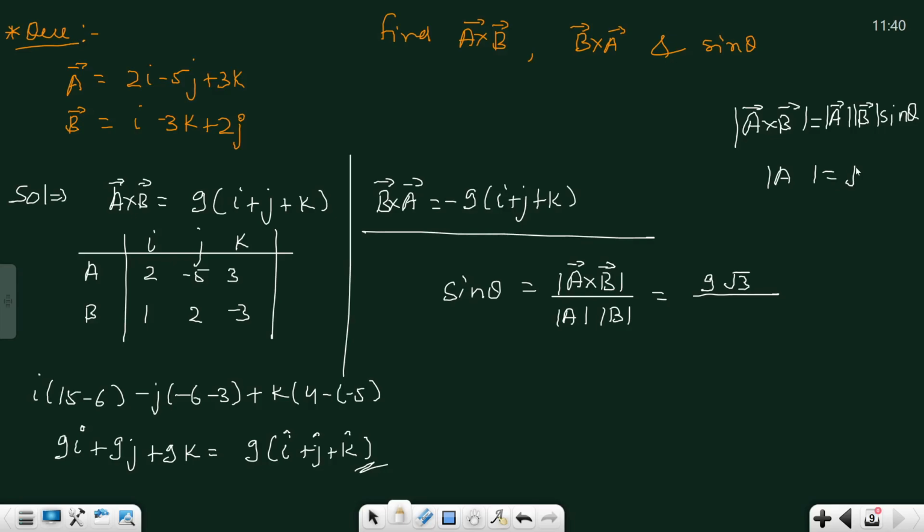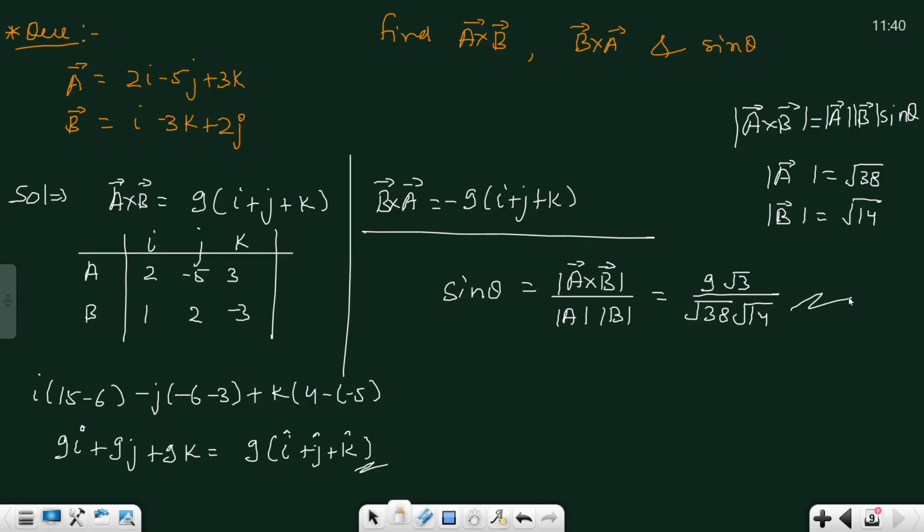Is it root 38? 9, 4, 13, 14. Is it root 14? Yes, sir. So it's root 38 into root 14. So this is sin theta. Clear?